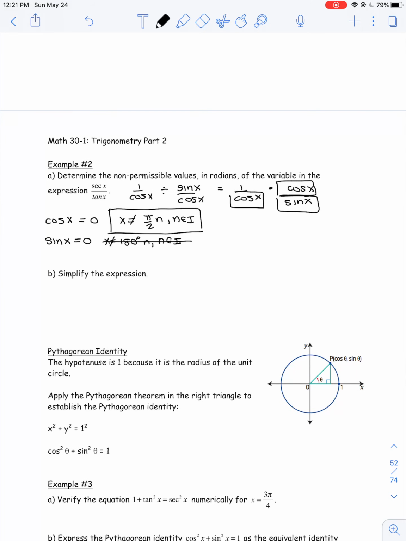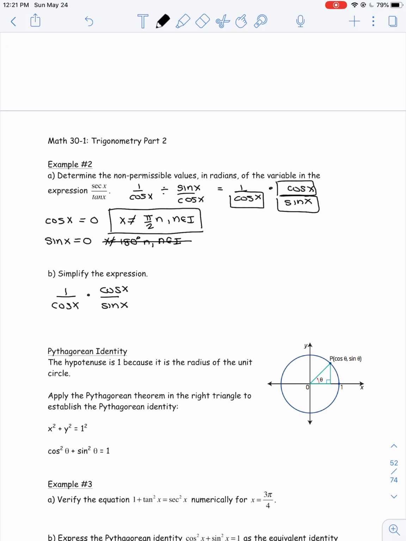In the next case, they want us to simplify. Simplifying just means let's cross off what is in the way. I already got to the part where I had 1 over cos x times cos x over sine x.